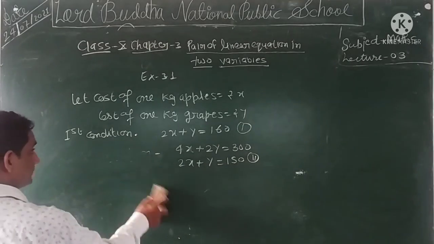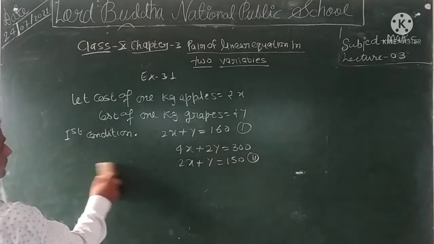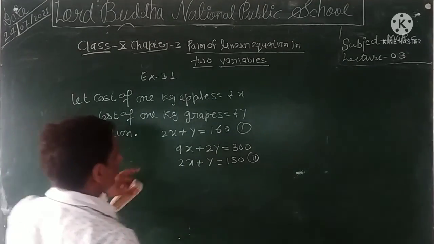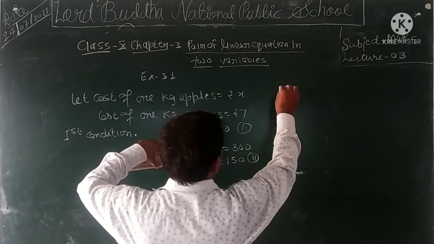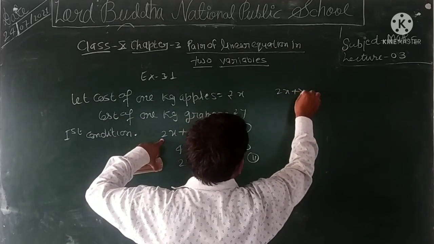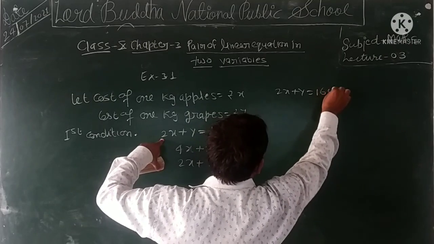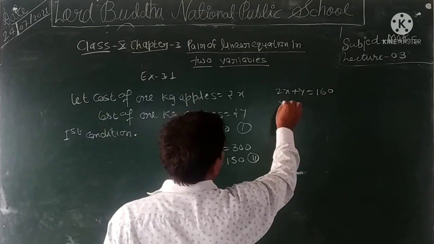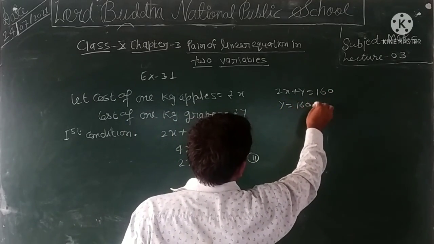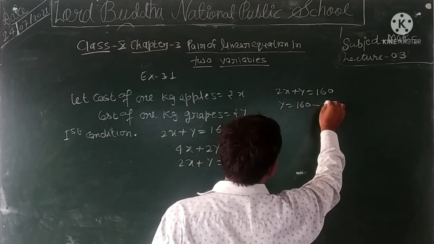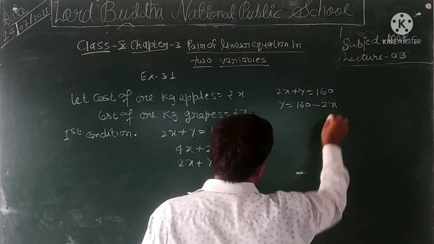Here we see that 2X plus Y equal to 160, so Y equal to 160 minus 2X.